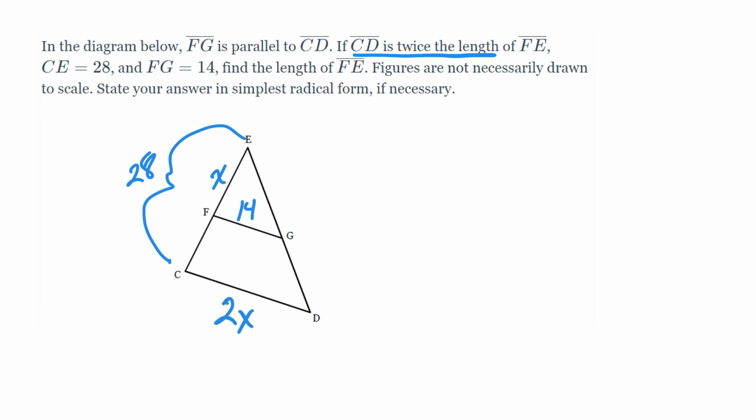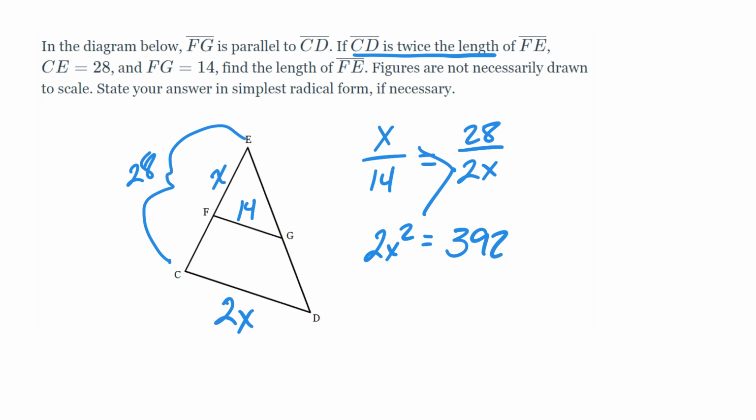So now we have our parts of our triangle here. The left side of the small triangle is x over 14, which is the bottom, compared to the left side of the larger triangle, 28, compared to the bottom, 2x. Just like we've been doing, we're going to cross multiply. 28 times 14 is going to be 392.